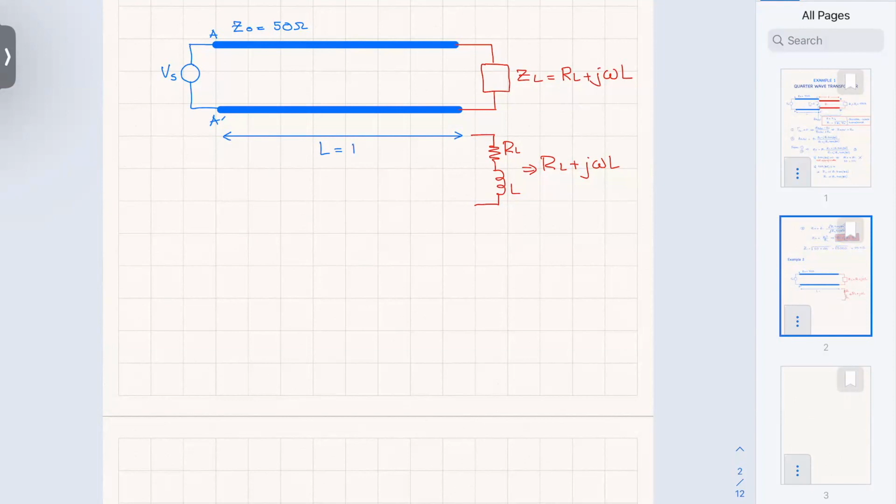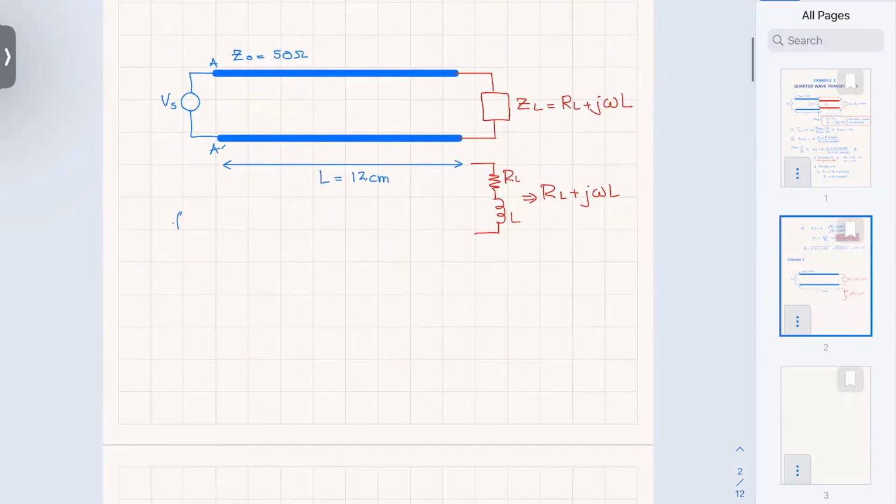Let's assume that here, this is 12 centimeters. So I'm setting up the problem here. Let's assume that we have a frequency of 10 gigahertz, that we have a Z naught on this line of 50 ohms, that RL, the resistor, is 100 ohms, and that the inductor is 1 nanohenry.